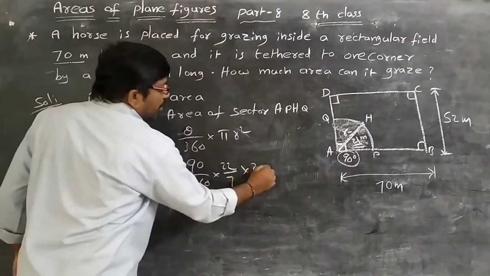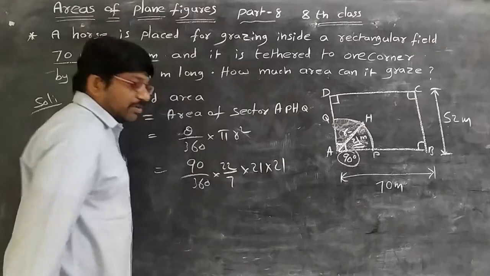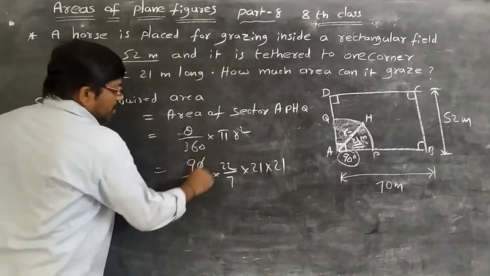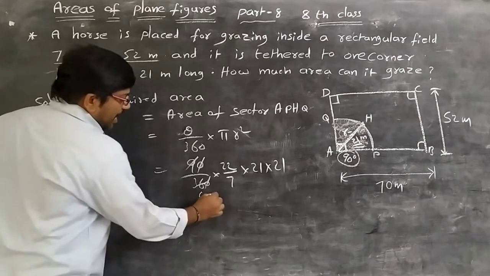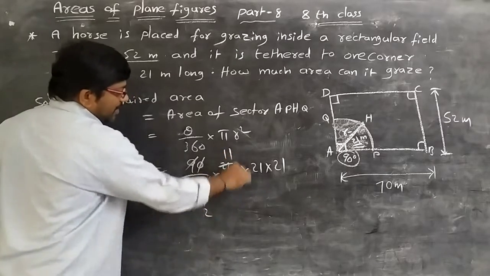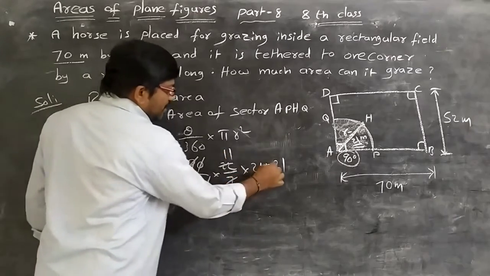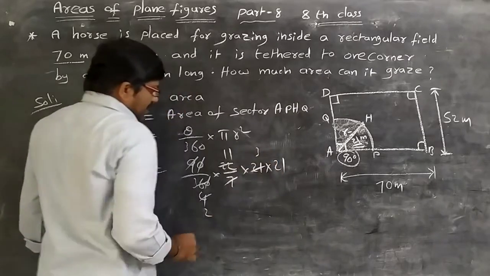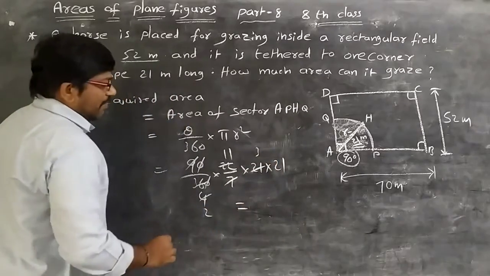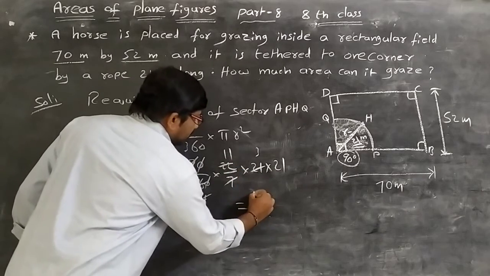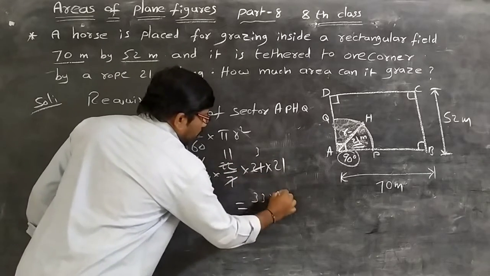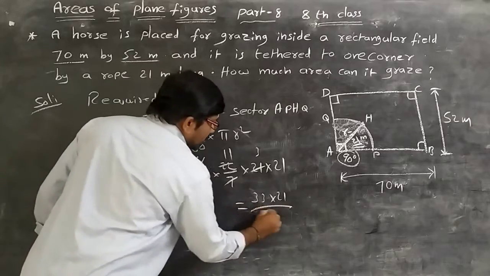R square means 21 into 21. Now cancel them. 0, 0 cancel, 9 ones are 9, 9 fours are 36. And again 2 2s are 4, 2 11s are 22. 7 threes are 21, 7 ones are 7. So what is the remaining value? 11 threes are 33 into 21 by 2.